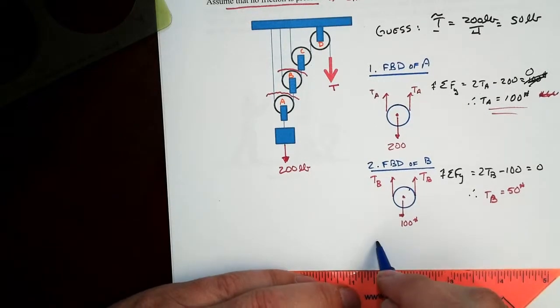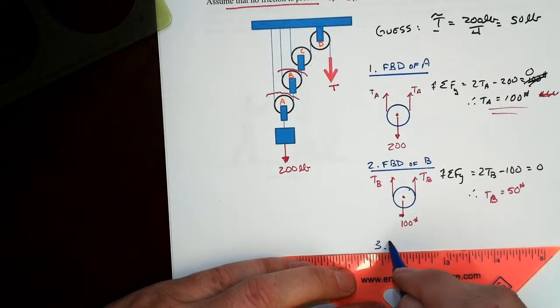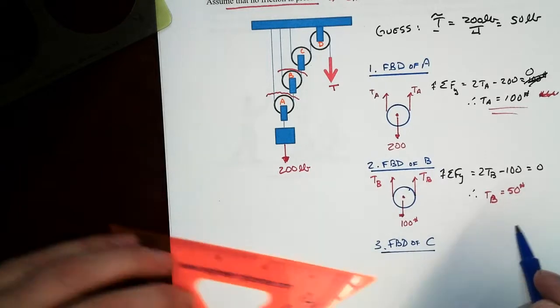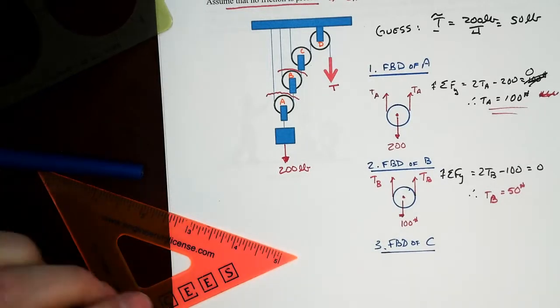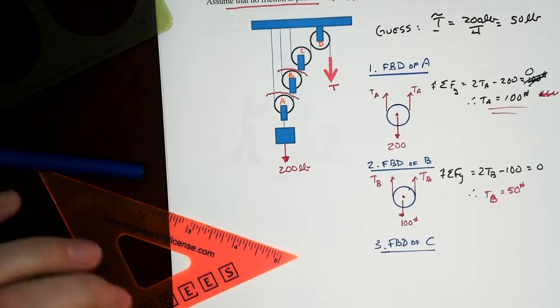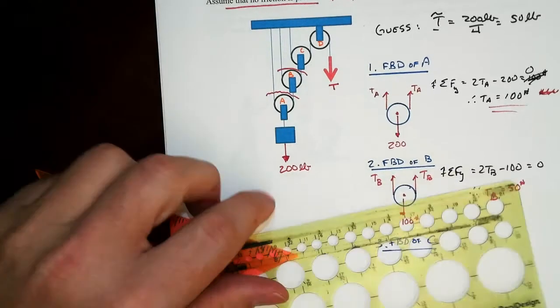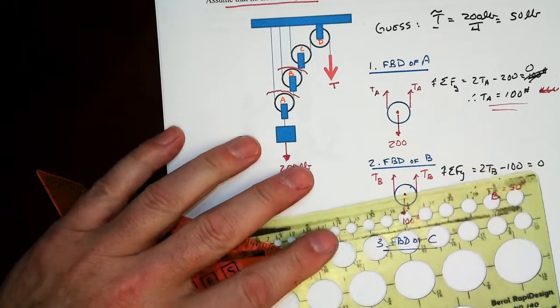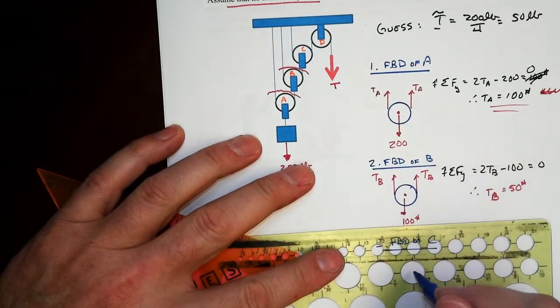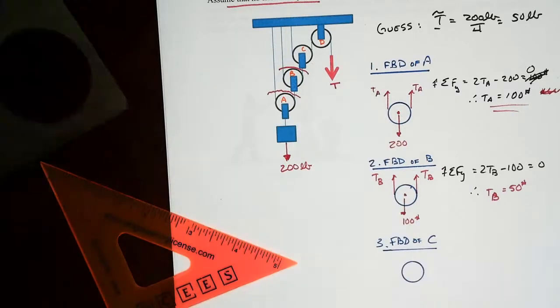All right, so now we'll go and do the free body diagram of C. And when we do that one, same thing. Right? Man, we're probably going to split in half again, aren't we? It's kind of interesting.